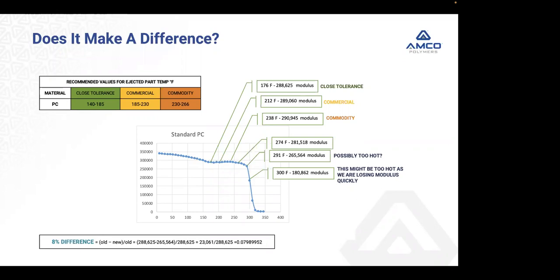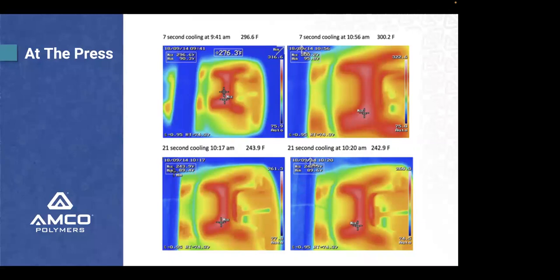Warpage basically to me is defined as my internal stress of the plastic being stronger than my modulus, which causes it to tend to warp. If my modulus is strong enough and I can withstand those internal stresses, I should not have much warpage. So I went to the press. Actually, I was working with a good friend of mine, Chad Johnson at Phillips Metasize Molex.